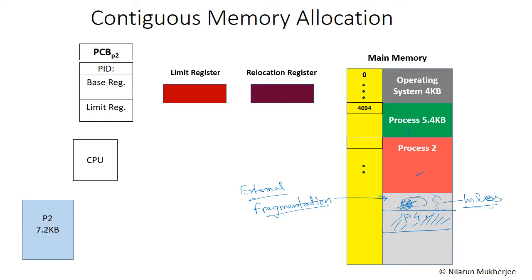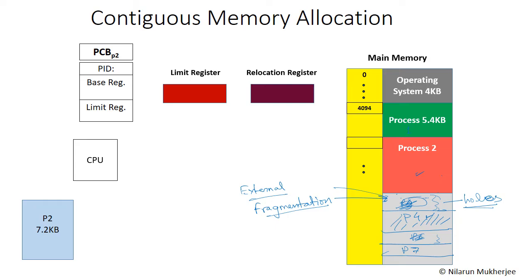This hole can be very small or can be large enough to fit another process. As we can see, there can be many holes created when the execution goes on. Suppose there was P6 here which terminated, there is another hole here. So there will be several holes created in the contiguous memory allocation.